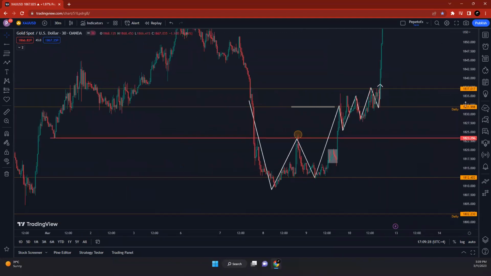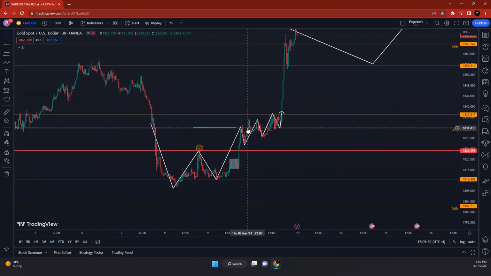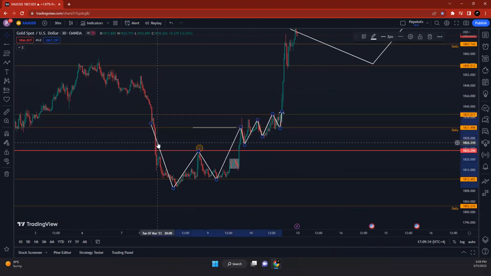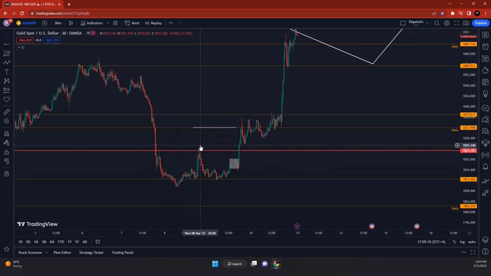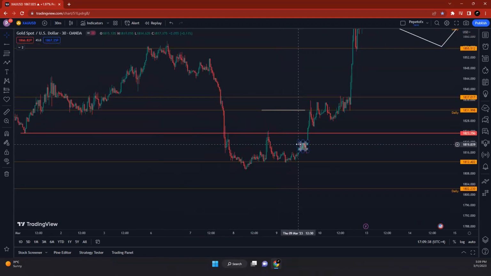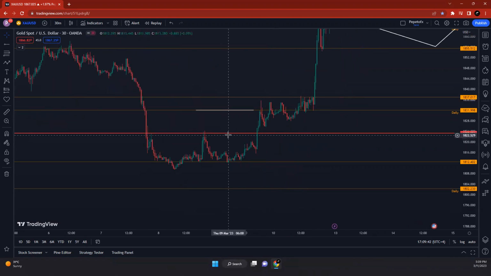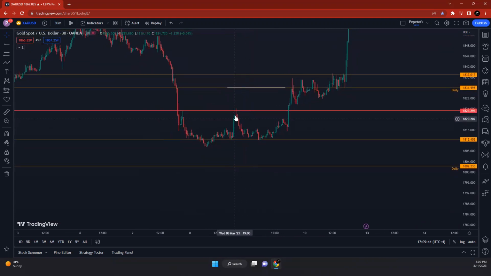You set alert for all those levels? No, what I do, I remove everything. Now let's say if I want to enter here, I have price action pattern. What is price action pattern? It's doji, right? One way is to set alert here. One alert.